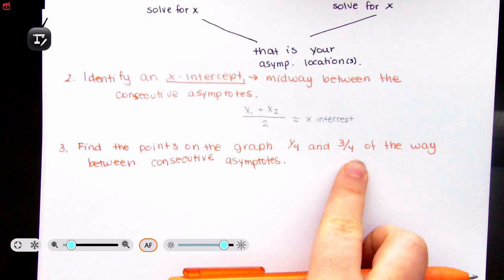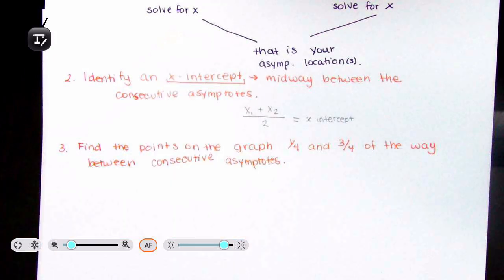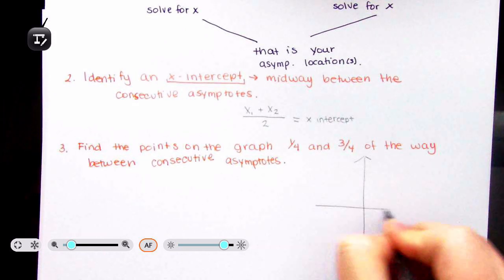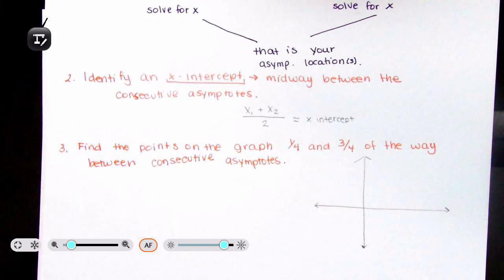Okay, what this means, we have one value. Let me see if I can sketch this out for you. Your first asymptote and your second asymptote can be anywhere. The only thing we know about those two asymptotes is that the distance between them is pi, because that is our 1 period.